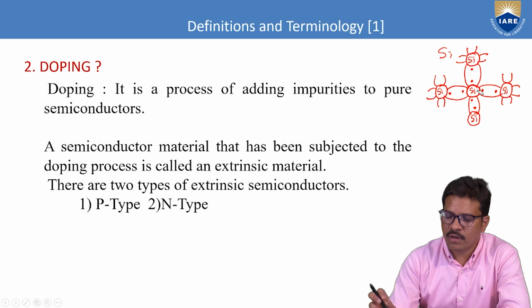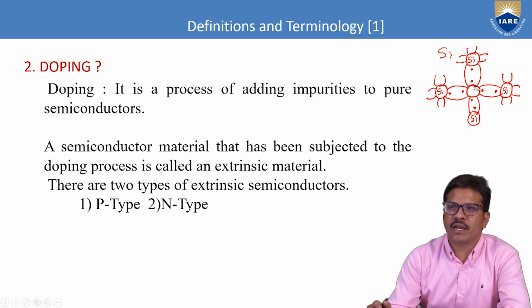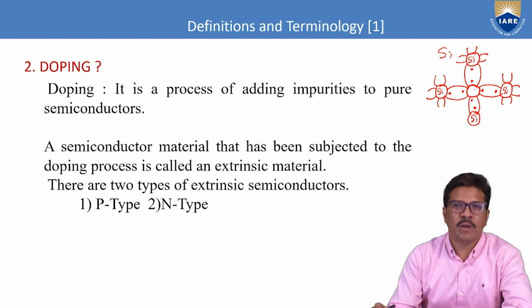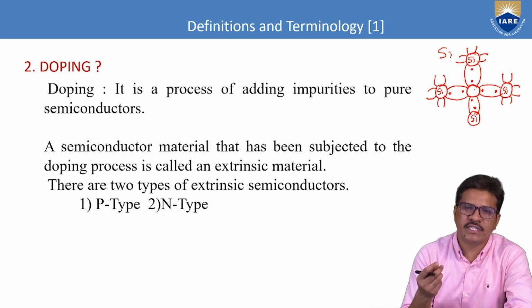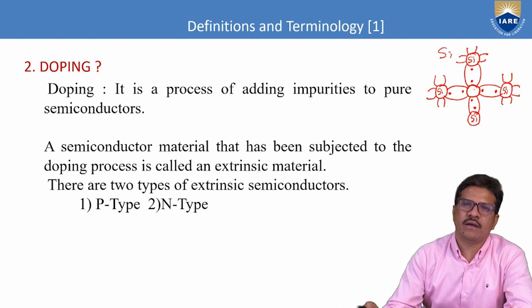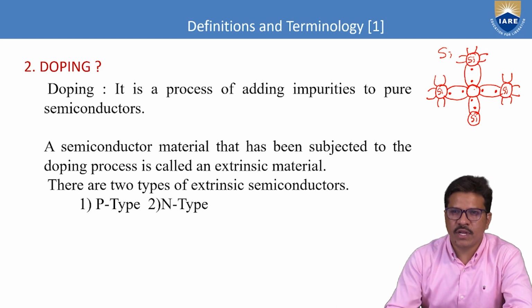For example, we take the semiconductor to some temperature and it becomes a liquid. Then we take the impurity liquid and inject it into that pure semiconductor liquid. Then it forms covalent bonds between the impurity atoms and the pure semiconductor.